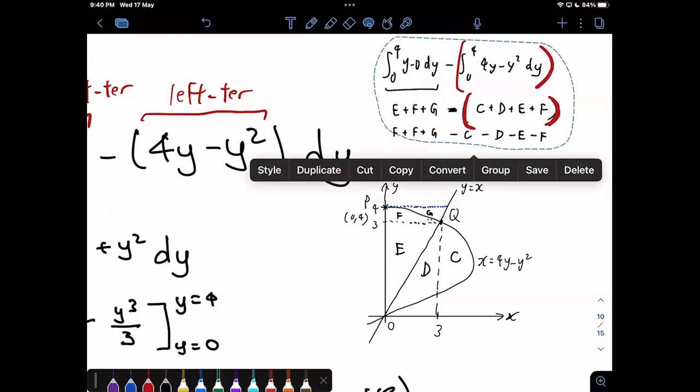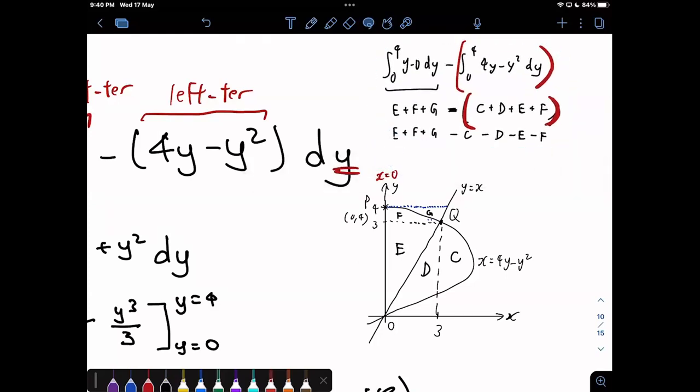F cancels away with F, E cancels away with E. So now you are left with G minus C minus D. Okay, so what is G minus C minus D? I have no idea. It just so happens that G is some very small area. D and C are some very big areas. Okay, you can interpret it like this: G minus, factor out the negative, C plus D.